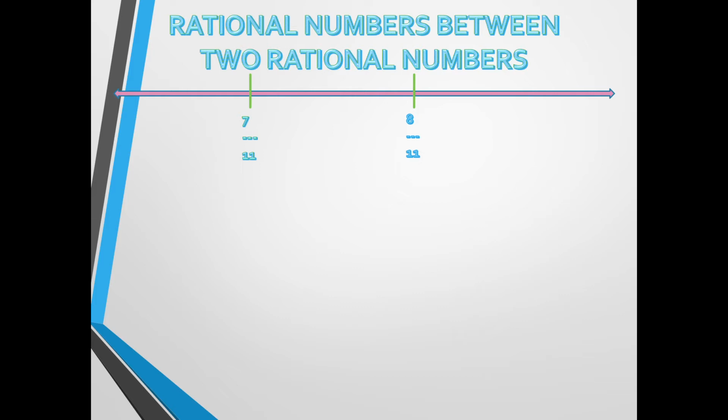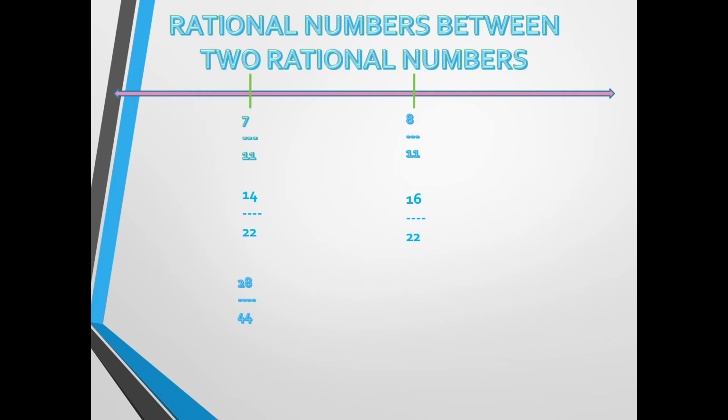The same point 7 by 11 we can write as 14 by 22, and the same point 8 by 11 we can write as 16 by 22, because 7 by 11 and 14 by 22 are equivalent. Equivalent means they exist at exactly the same point on the number line.